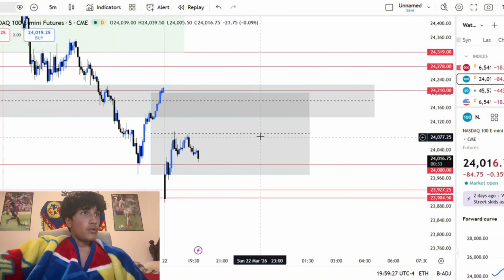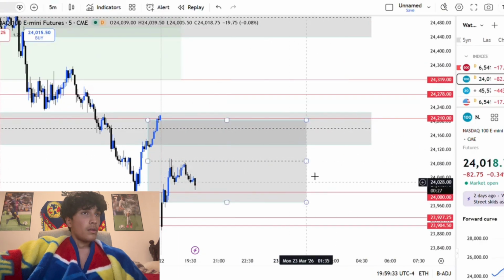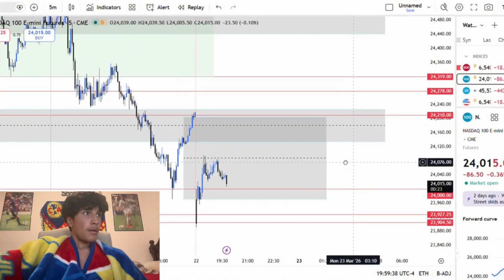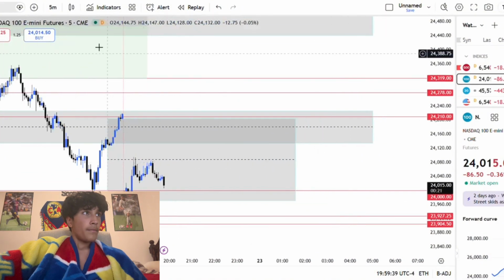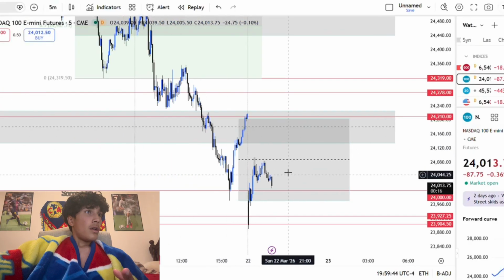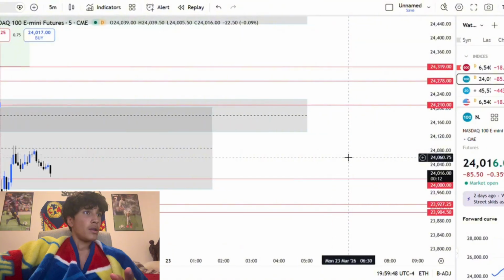We will have a little retrace to the downside to maybe like an hourly fair value gap equilibrium. Some type of high time frame gap, like 15-minute gap, hourly gap, 4-hour gap, whatever, for tomorrow on Monday during New York session. And then we could be looking for a sweep of buy-side liquidity.